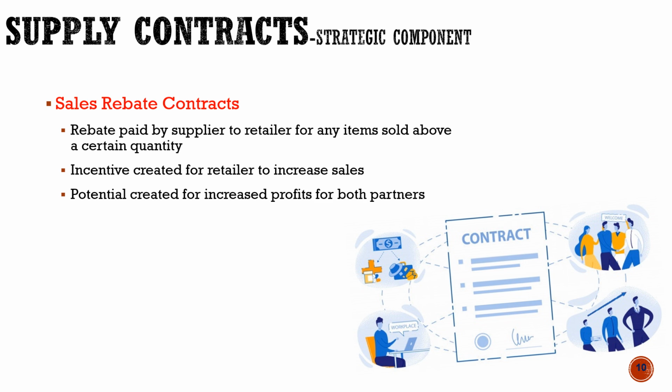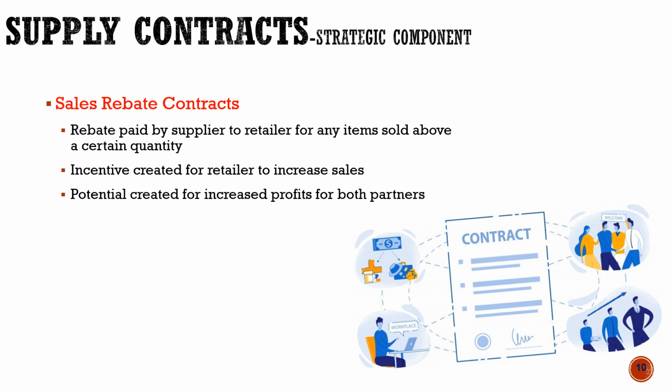The last type is the sale rebate contract. Under this type of contract, a rebate is paid by a supplier to the retailer for any item sold above a certain quantity. So it is like providing an incentive for the seller to buy more and to increase sales.